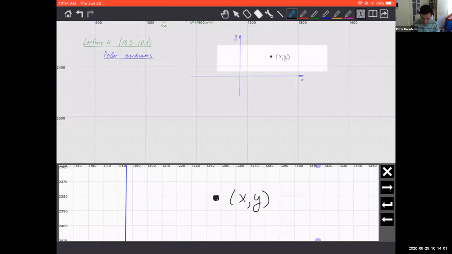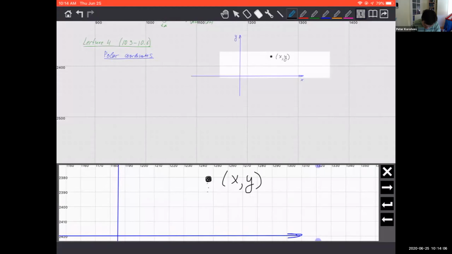So x and y can be any real number. x is the length of this segment from the origin to this point, and then y is this one.